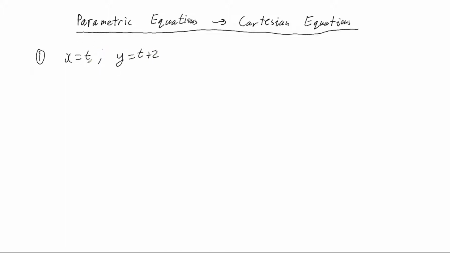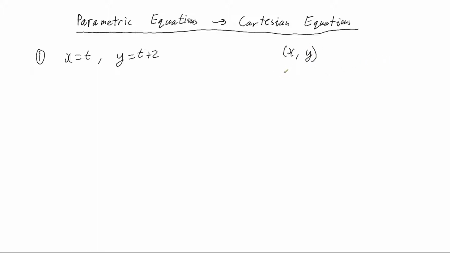Now, what this means is that we've separated out the x and y variables of an equation and represented them independently using a third variable, a parameter, in this case t. So what this could mean is that each coordinate of a function or a graph is represented as an xy value.